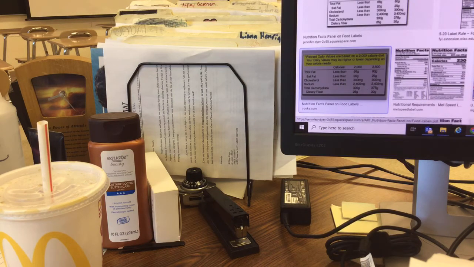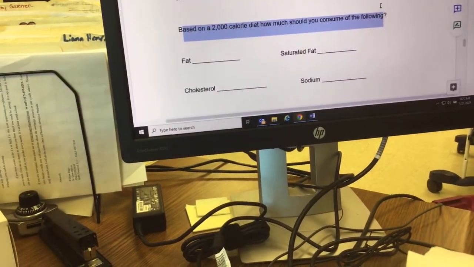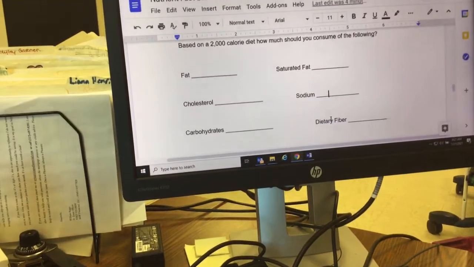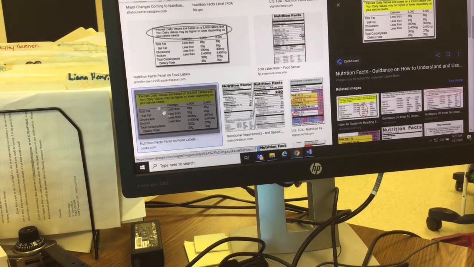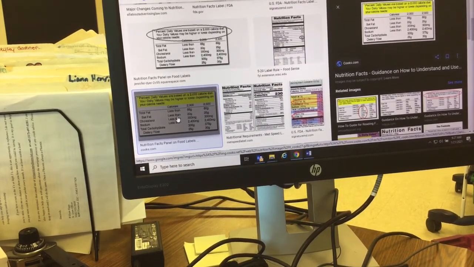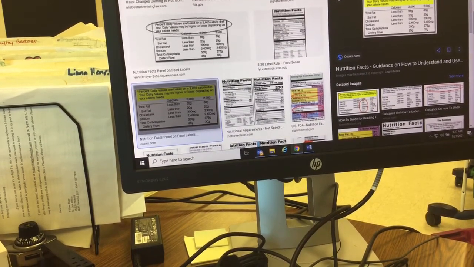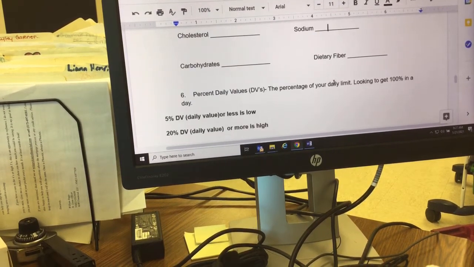So that's how many based on this 2,000 calorie diet. And a lot of times this is on your food label, but it's not on either one of the items that I have. So it's just good to know. And then carbohydrates and dietary fiber are down there also, which are also going to be on this. And I'm going to copy and paste that and put it on before you ever get to this assignment. So that will be on your paper, I'll have that up here so that you guys can see that, okay?